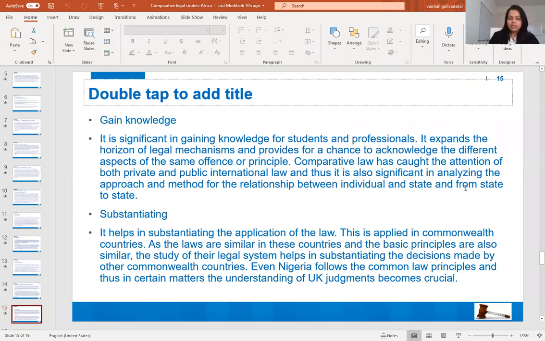For example, I'll give you an example. Crimes, okay? Crimes are there in every society. So crimes are there in Africa, crimes are there in the UK, crimes are there in the US. But every country has different social problems out of which crimes are committed. In some countries, crimes are committed out of poverty.